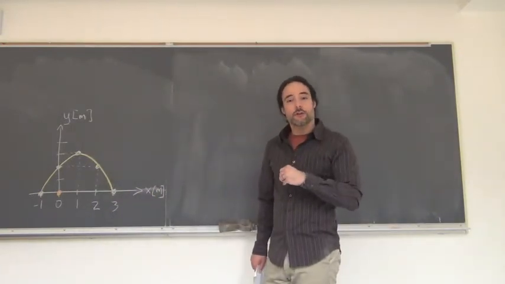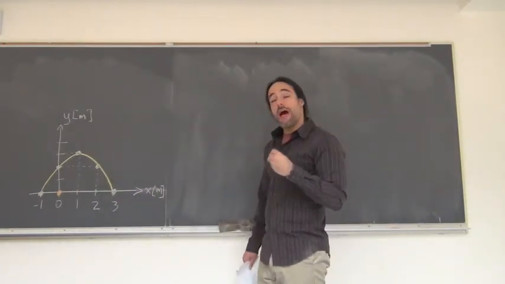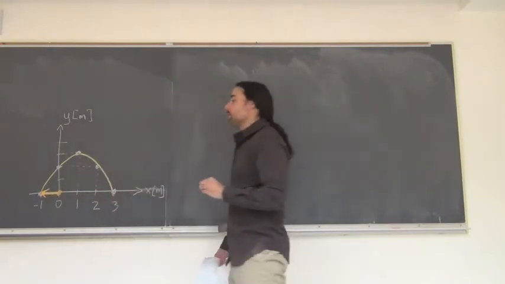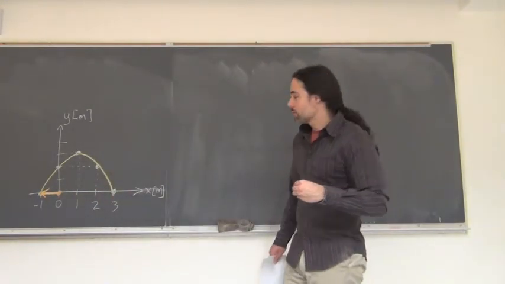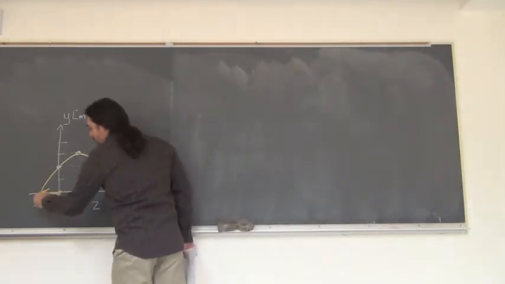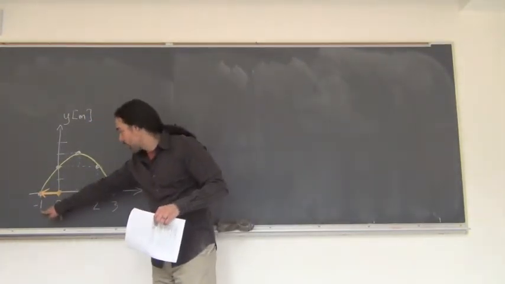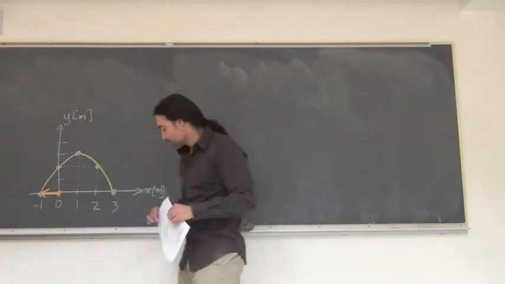That's where x is 0 and y is 0. Well, I can draw an arrow to that point from the origin. So this is where our object is at time 0. It's at a coordinate x is -1, but y is 0.